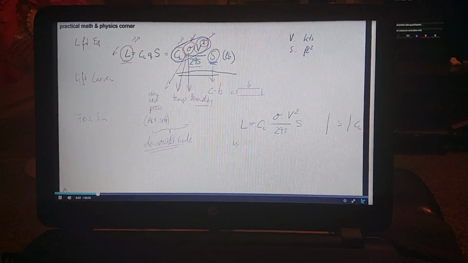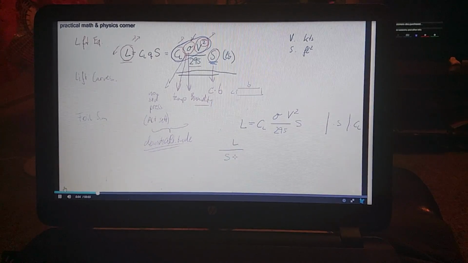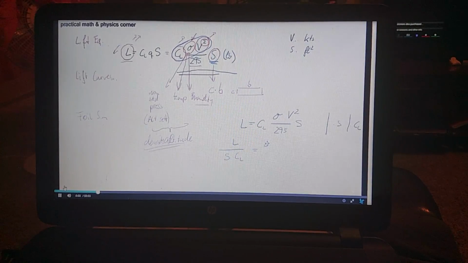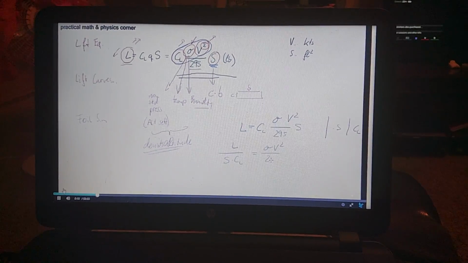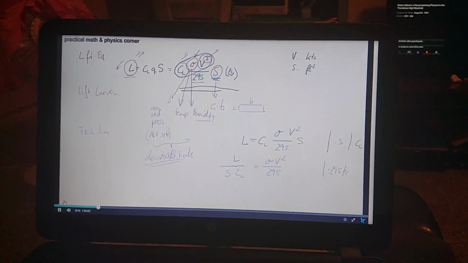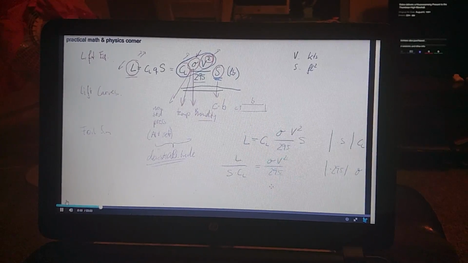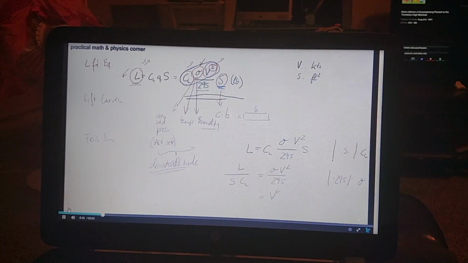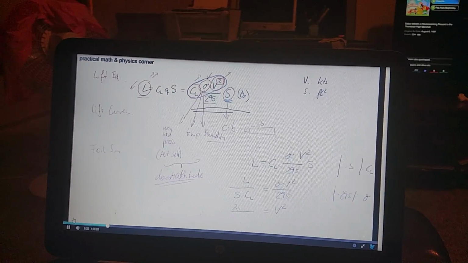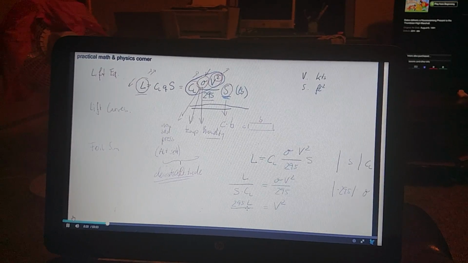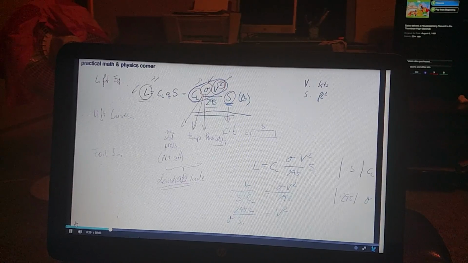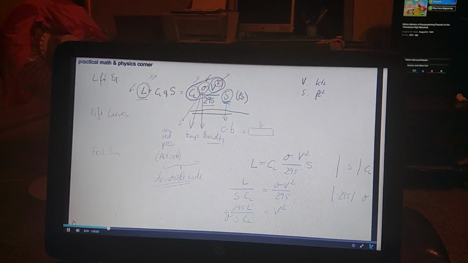So lift divided by S and CL. That leaves us this part, and then if we take it times 295 and divide by the sigma, then we solve basically for V square. Don't forget to keep the square there, which is 295 times the lift divided by sigma times surface area times CL here.